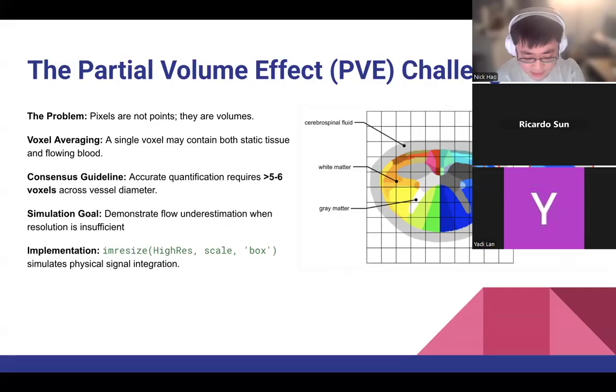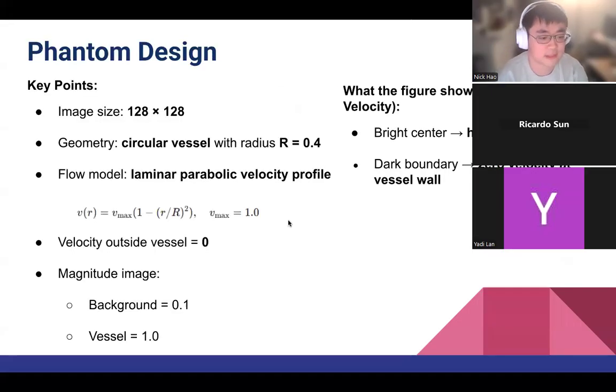They should have an average value of both. So we use a specific MATLAB function, imresize with the box kernel, to model this. A clinical guideline warns that if we have fewer than 5 to 6 voxels across the vessel, the accuracy can drop dramatically. Next slide, please.